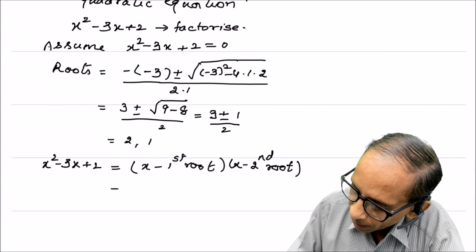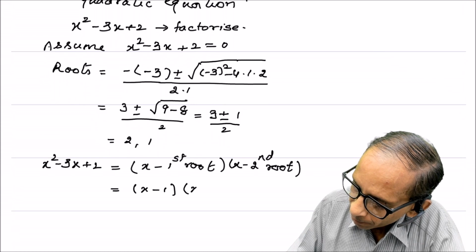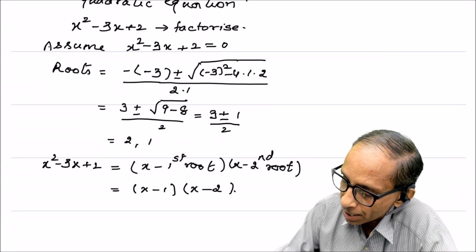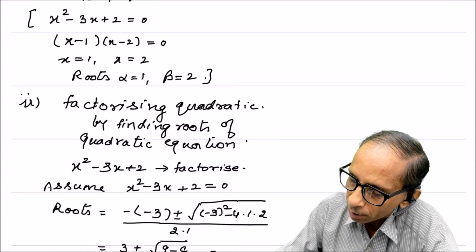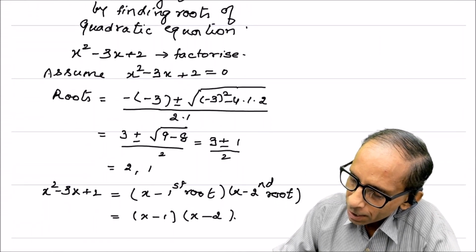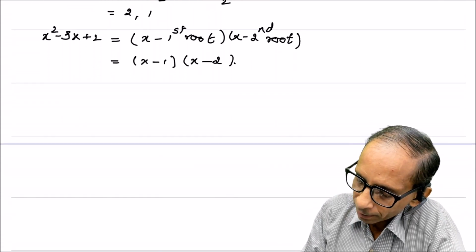In fact, if we write it in this particular way, then we get this splitting, which is exactly what we found out here also. So this is the next way of factorizing a quadratic.